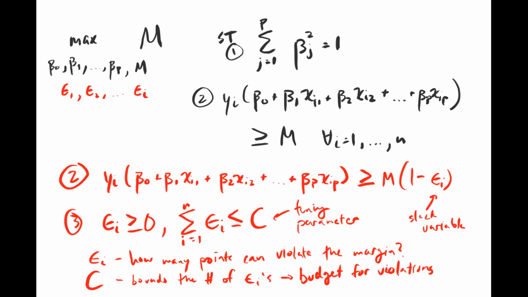This is really similar to a lot of the tuning parameters that we've talked about before. Essentially, this is saying, if I have a larger C, I have a larger budget, and that allows you to have more points in the margins that are violating the rule for the maximal margin classifier.